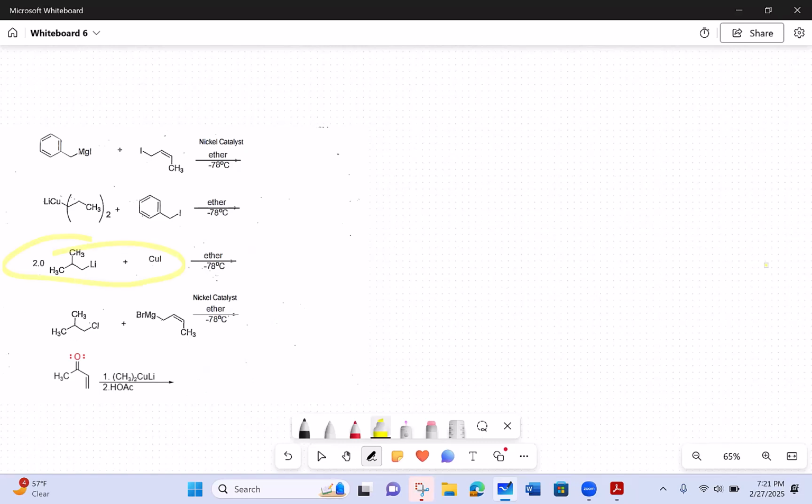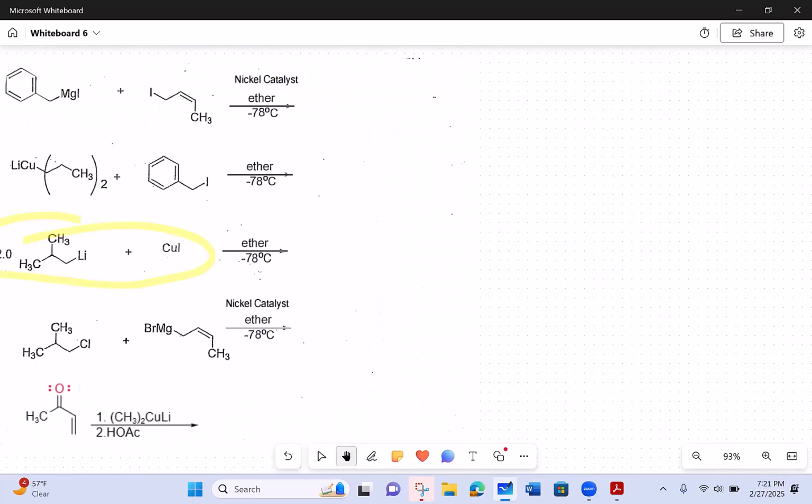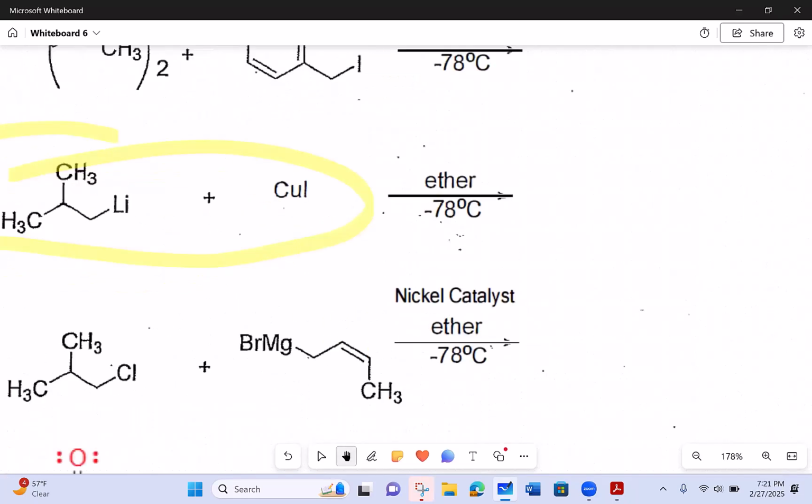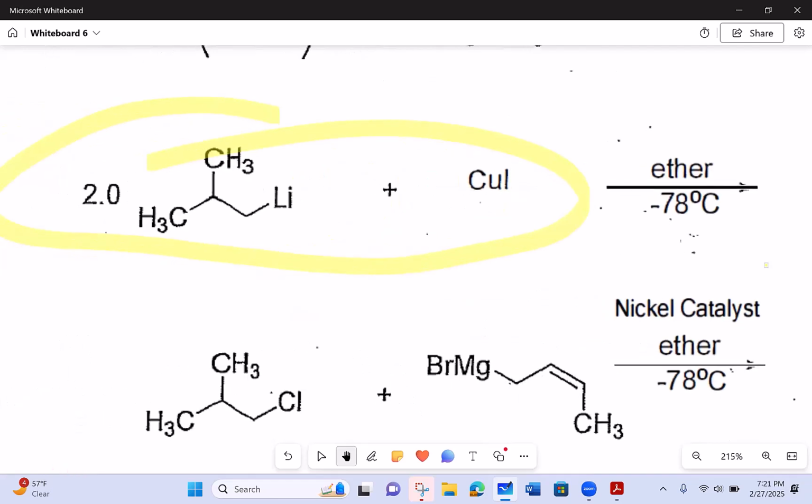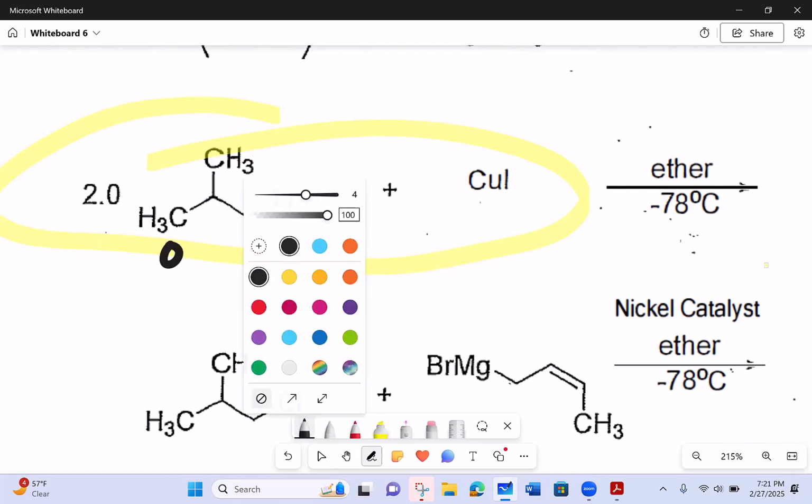Right on the left, let me zoom in on that. On the left, we actually have an organolithium. How do I know that's an organolithium? The carbon attached to a lithium. Yep.